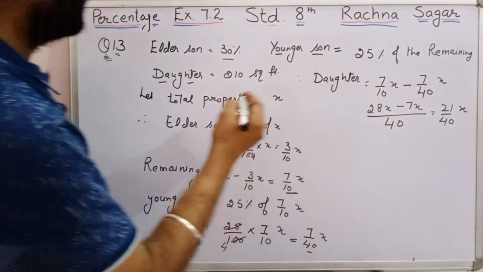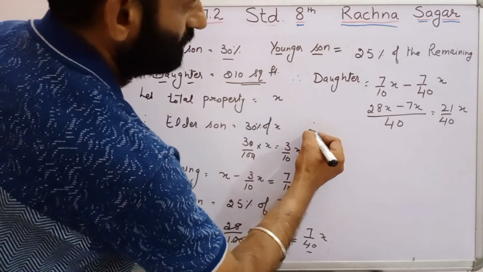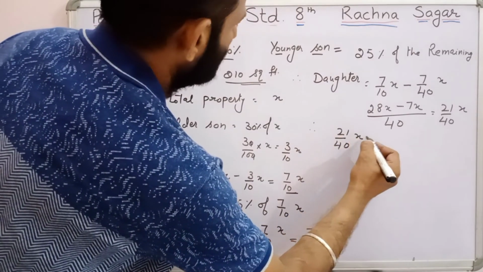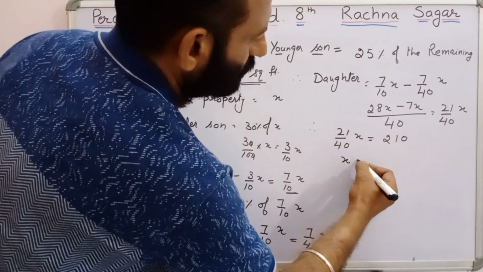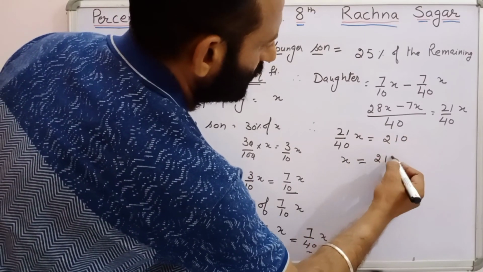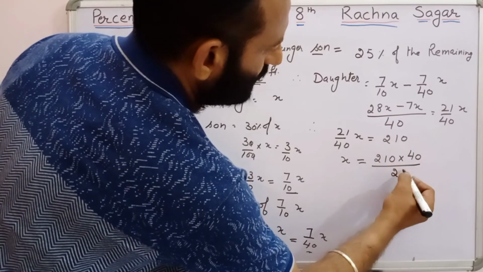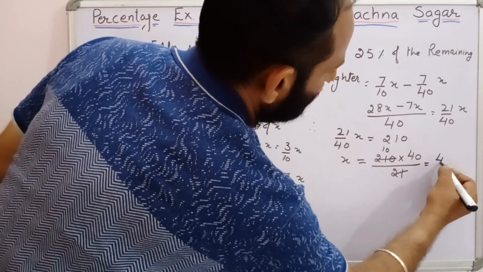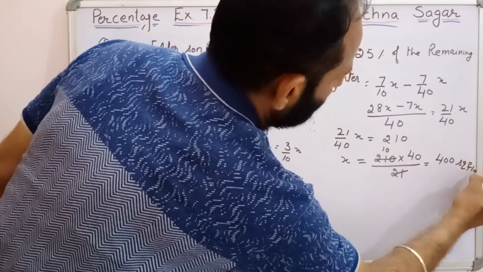Now the property received by daughter is 210 square feet. Therefore, 21 over 40x is equal to 210 square feet, and we get total property X is equal to 210 into 40 over 21, that is 400 square feet total property was there.